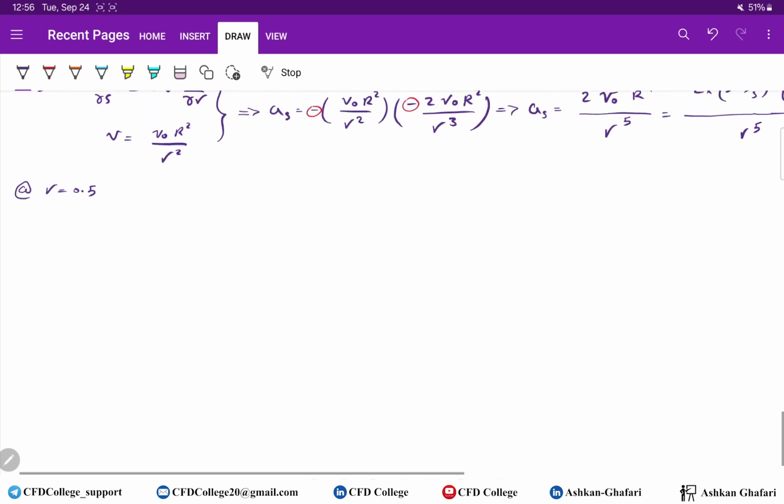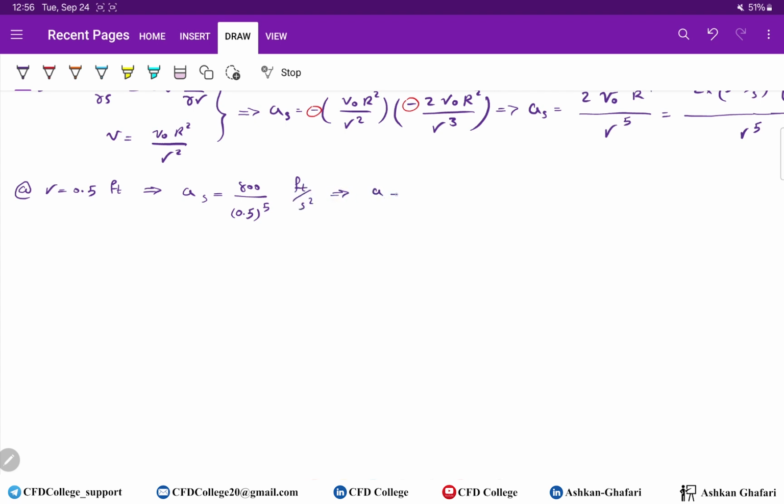So if r equals 0.5 feet, as equals 800 divided by 0.5 to the power 5 feet per second square.